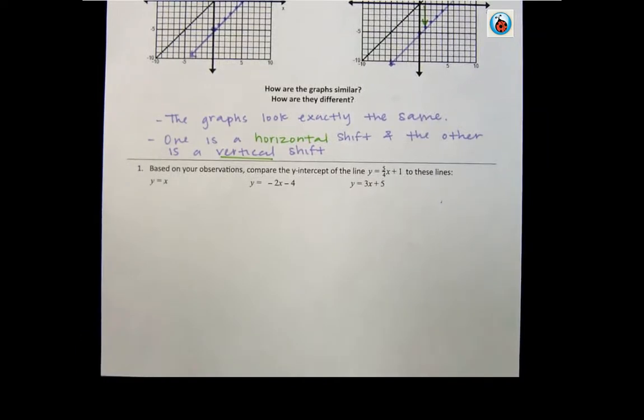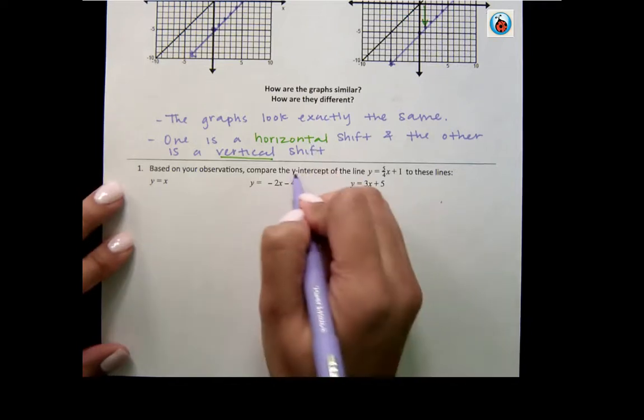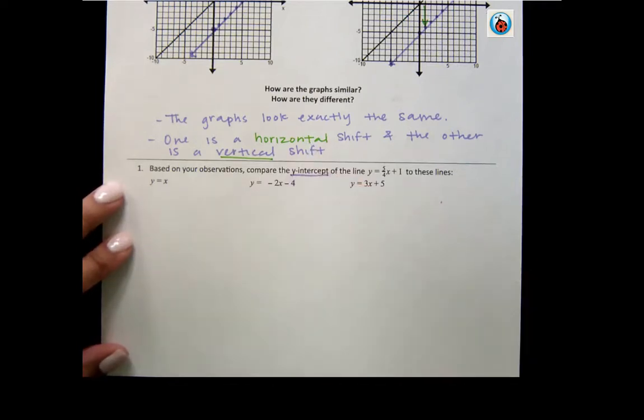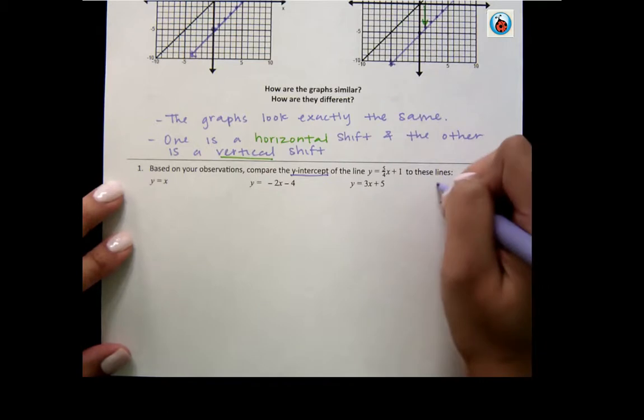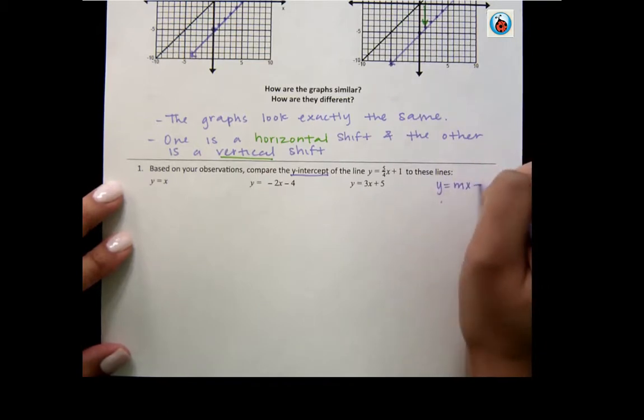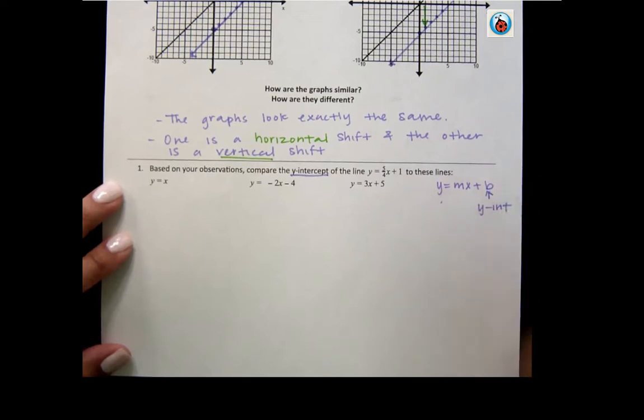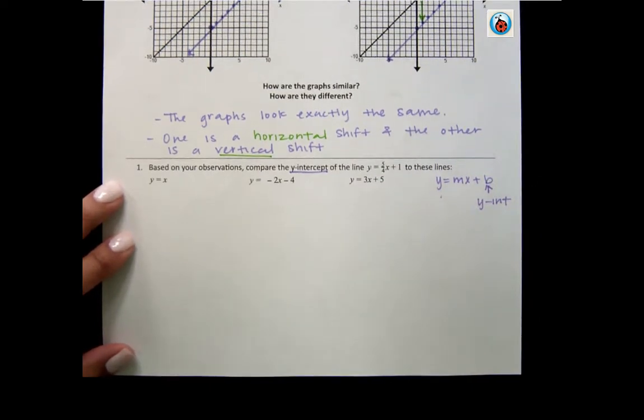So based on our observations, we're going to compare just the y-intercept. So all I'm looking for is b. Remember the y-intercept in y equals mx plus b. This is my y-intercept. So I'm only going to look at the y-intercept, not the whole thing.